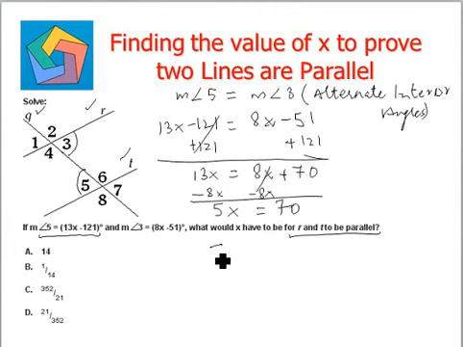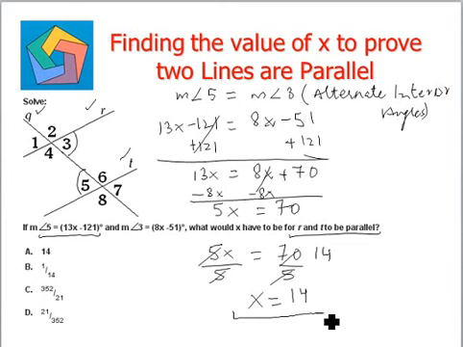Now we divide by 5 on both sides to get the final value of x. This is 1. 70 divided by 5 is 14. Therefore, the value of x is 14 for R and T to be parallel. This is the final answer, which can be seen in option A.